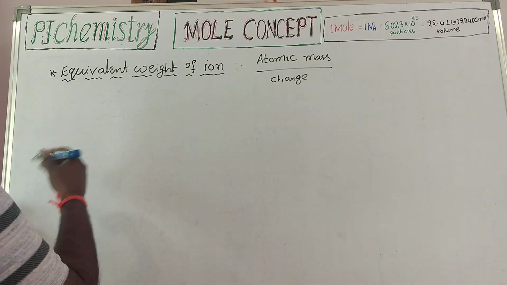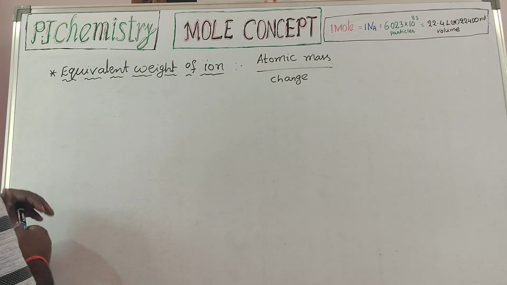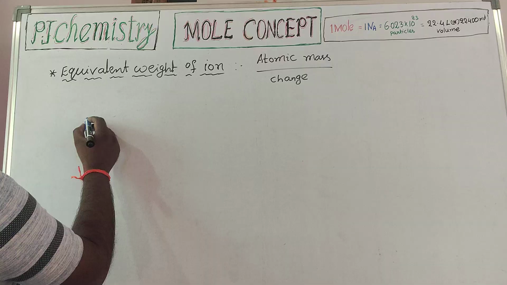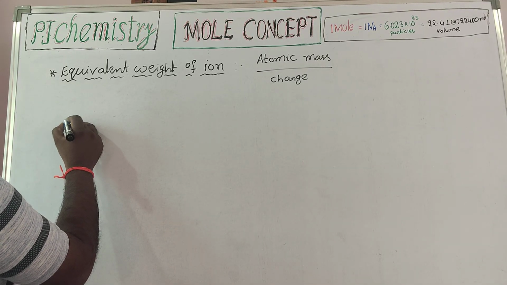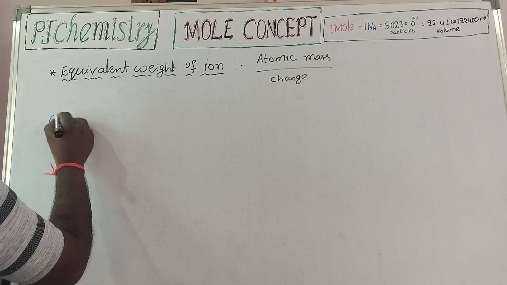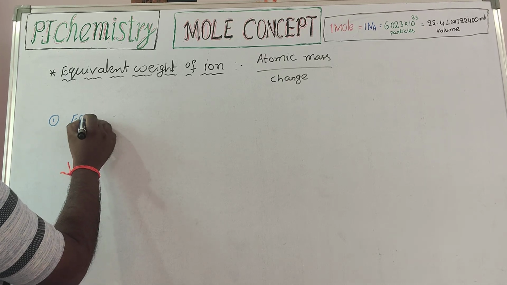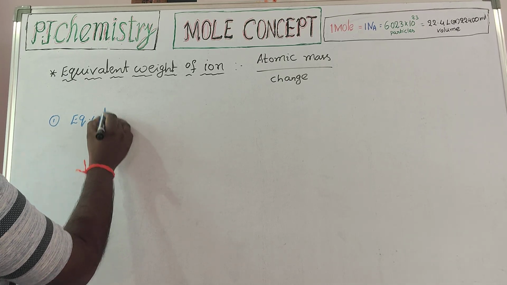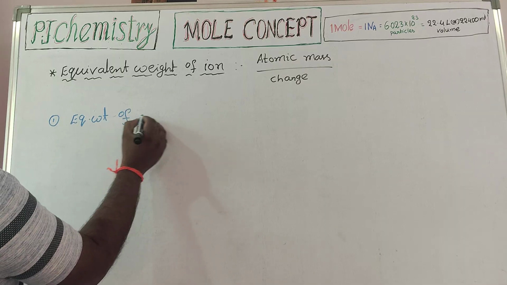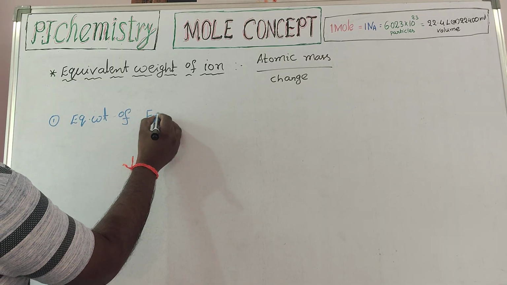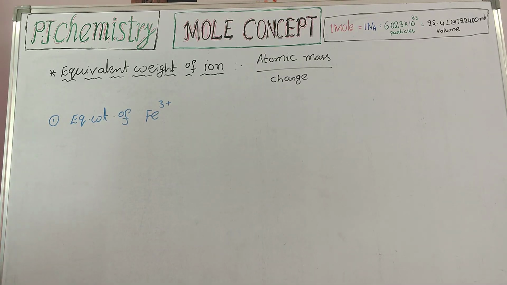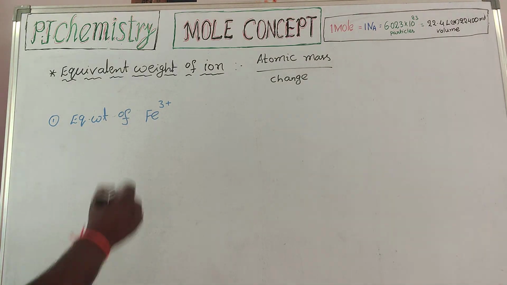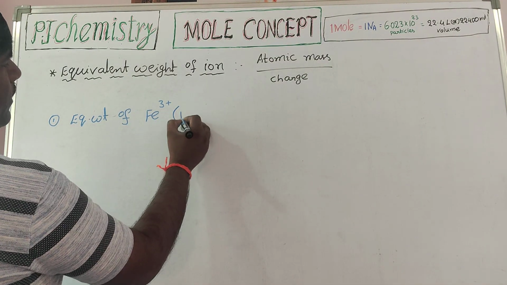For example, find the equivalent weight of Fe3+, the ferric ion.